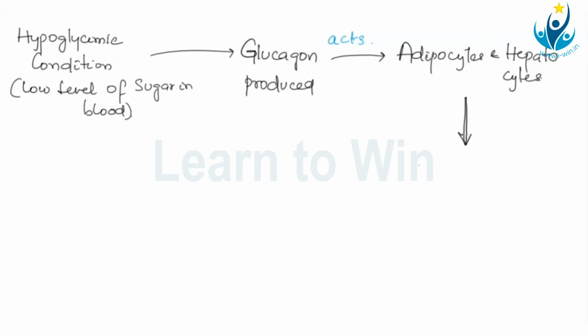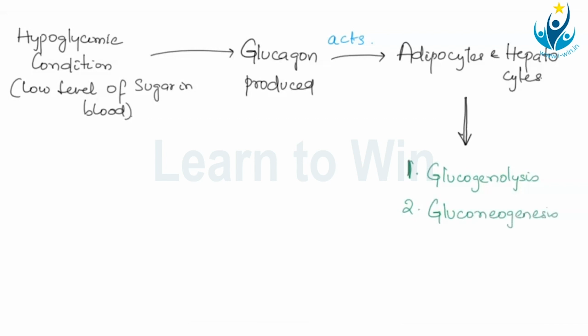What are those processes? The first process that it initiates is called glycogenolysis, and the second process it initiates is gluconeogenesis.